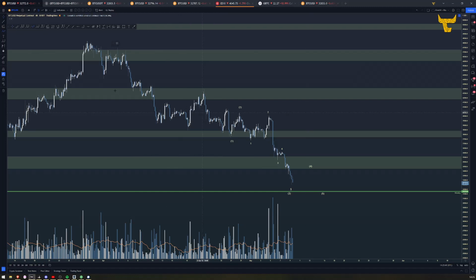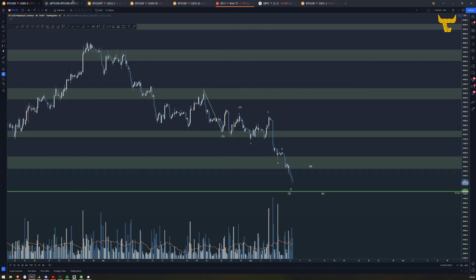Now we can make this several ways. Thing is, I'm starting from the bottom instead of starting from the top here. But what can we have here? Most likely we have one move completed here. Now this could be like a one and here a flat.